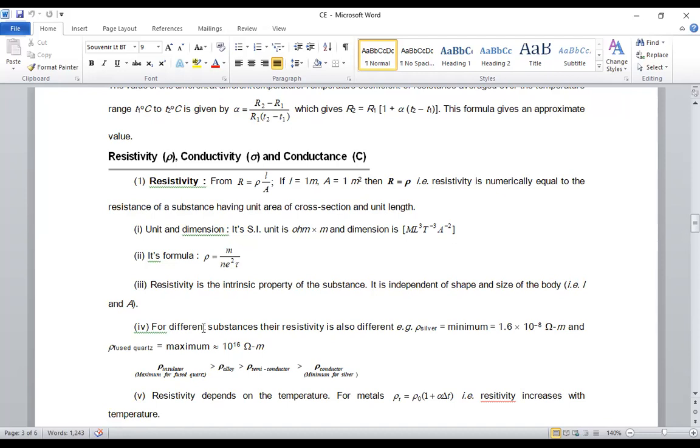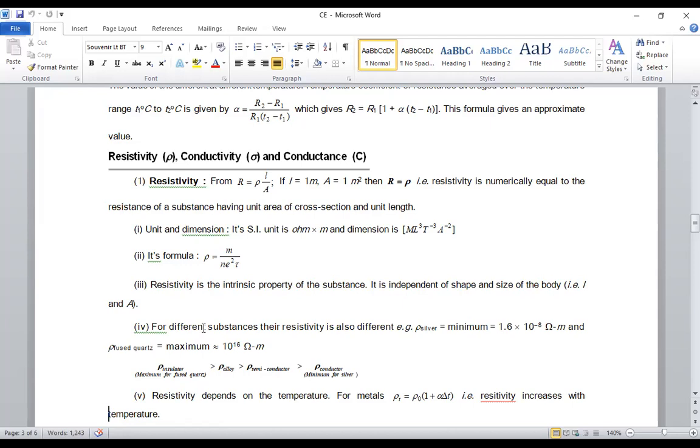The time taken for an electron to collide from one point to another point, that is nothing but your relaxation time. If I want to represent the resistivity in terms of relaxation time, rho is equal to m divided by n e square into tau. That will be very important.